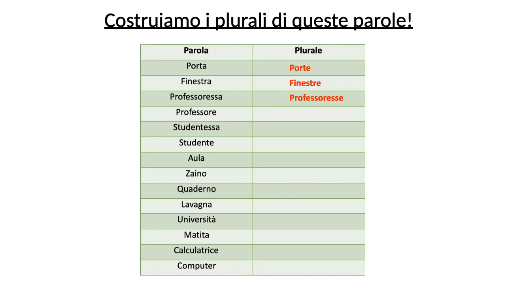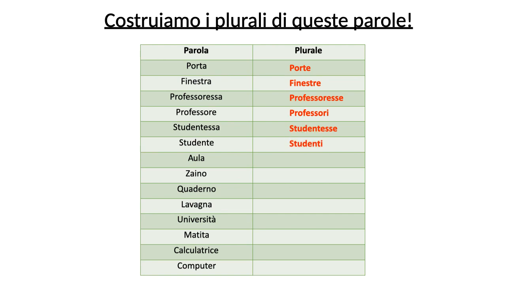Moving on, professore. Okay, this one changes, right? What is the rule here? It's not A goes to E, it's E goes to I. Professore, professori. Prossima parola, studentessa. We go back to an A ending, so A goes to E. Studentessa, studentesse. Prossima parola, studente. The rule is E goes to I, so studente, studenti.